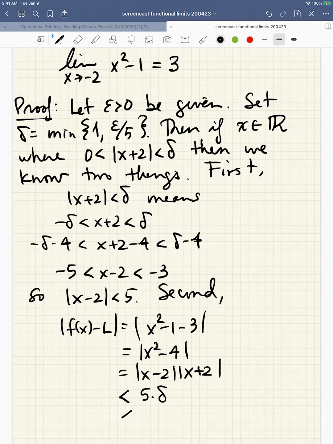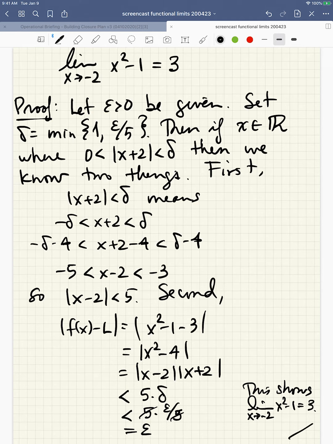But we know delta is less than epsilon over 5. Those cancel. So we've just shown absolute value of f of x minus L is less than epsilon. This shows the limit as x goes to negative 2 of x squared minus 1 equals 3. And that's the proof.